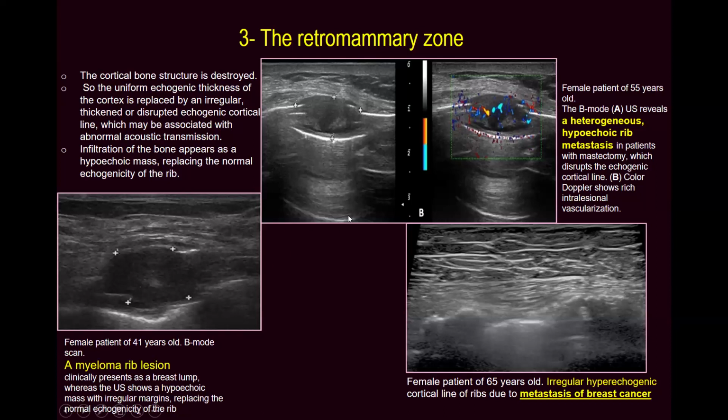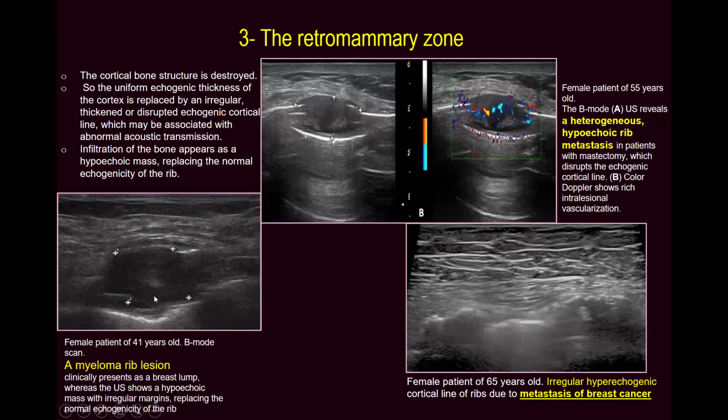And here we have examples of rib metastasis, okay, presenting as hypoechoic vascular lesions. You see, while scanning the breast, the underlying ribs demonstrate these hypoechoic vascular lesions due to breast cancer metastasis.